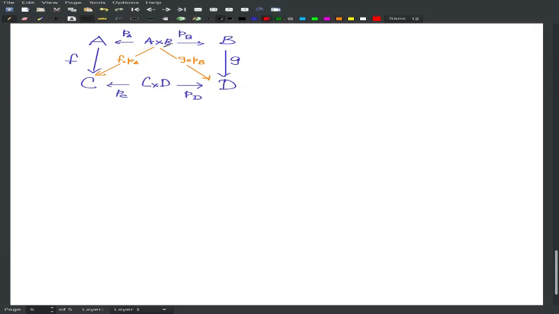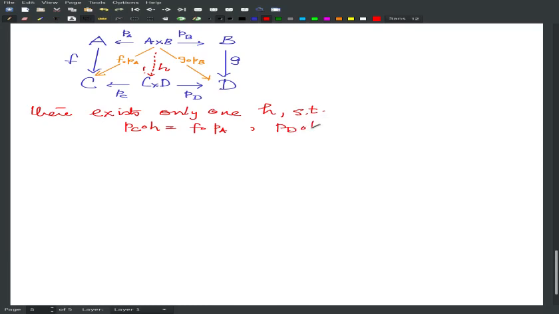So therefore, there will exist only one choice for H. So there exists only one function such that PC composed H is equal to F composed PA, and PD composed H is G composed PB. Okay, and then it provides this one.